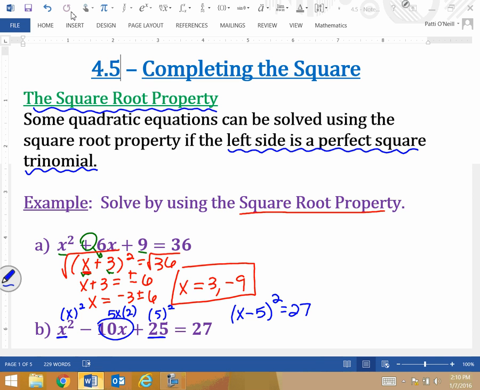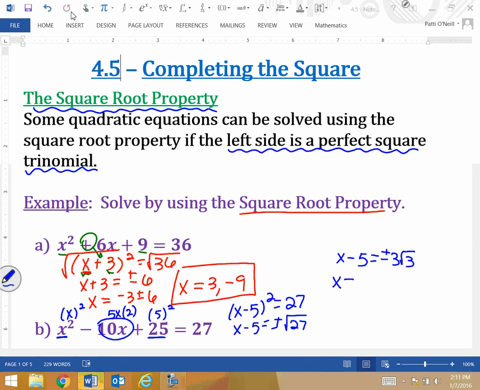Square root both sides. Let me write that again. The quantity of x minus 5 squared equals 27. We square root it, and we get x minus 5 equals the positive and negative square root of 27, which in turn gives us x minus 5 equals positive and negative 3 radical 3, because that's the square root of 27.